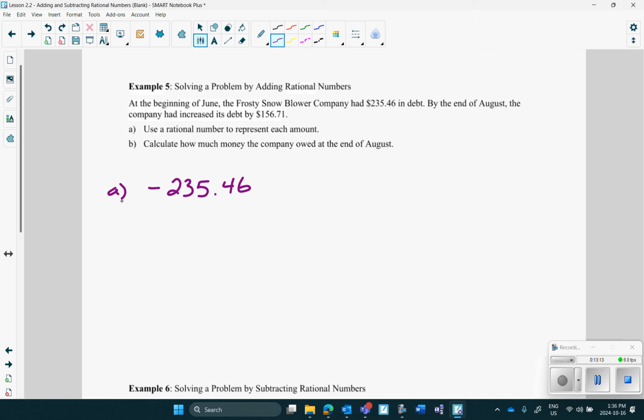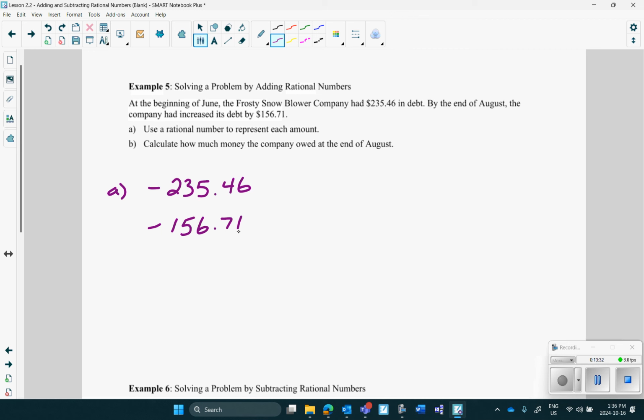It increased its debt by 156.71. Positive or negative? Positive. But it's increasing its debt, right? So isn't it going deeper into debt? So it would also be negative.